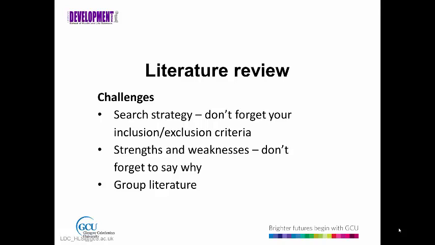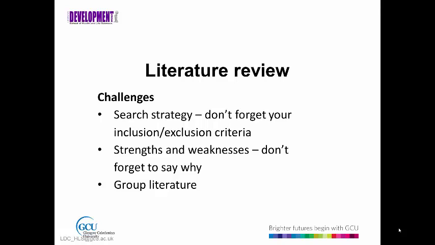So for example, you found a study and it's only got 3 participants, and you might think that's a serious problem, and it probably is, but it's not enough to just say there's a problem with this study, it's only got 3 participants. You need to explain why that is the issue, why that is a problem.